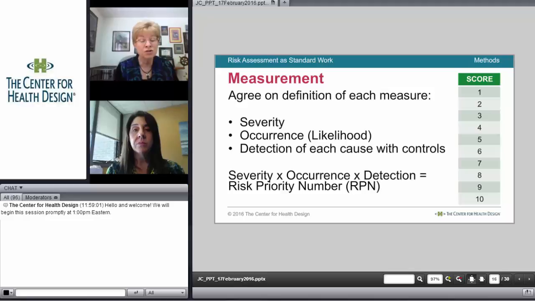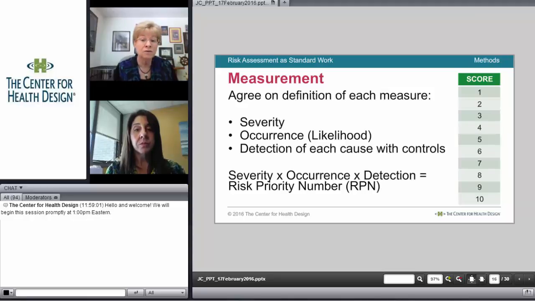You want to make sure that every single number has a metric assigned to it and that everyone understands the scale. So you're going to score 1 through 10 in terms of severity. How severe is it if it happens? Is it a 10? Somebody might die. Is it a 1? It's inconvenient. So what can you do to define each number so everybody is using the same scale?